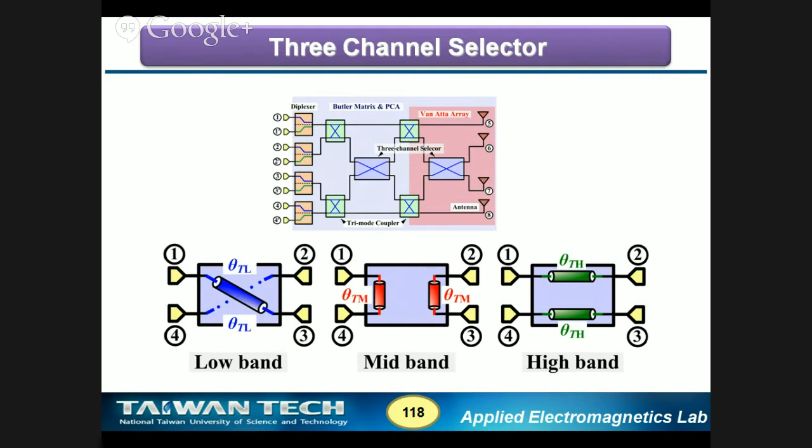Because for a triplexer, we have a common input. And the common input will propagate into port 2 at one frequency, port 3 at another frequency, and port 4 at a third frequency. But in these cases, each port can be the common input. It is not a triplexer.